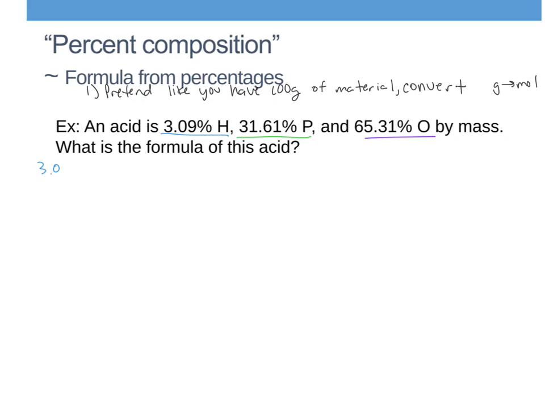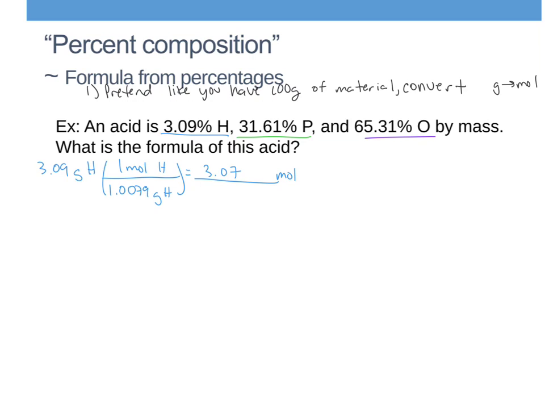Let's say we have 3.09 grams of hydrogen. I'm going to convert that into moles. I know that hydrogen is 1.009 grams for every 1 mole, just from the periodic table, from the atomic mass. So I just go 3.09 divided by 1.009, and that's going to be about 3.07.